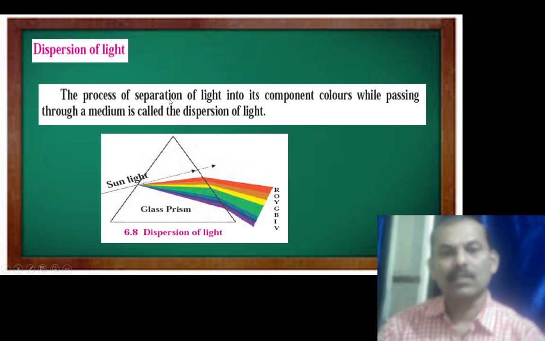It is a process that separates the light into its component colors. Light is made up of 7 colors. Those are component colors, and those component colors we get when there is a dispersion of light.